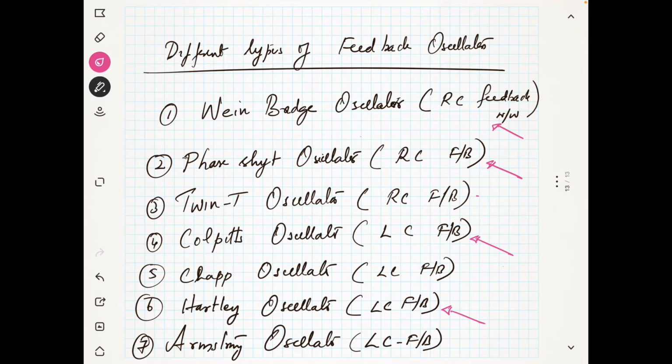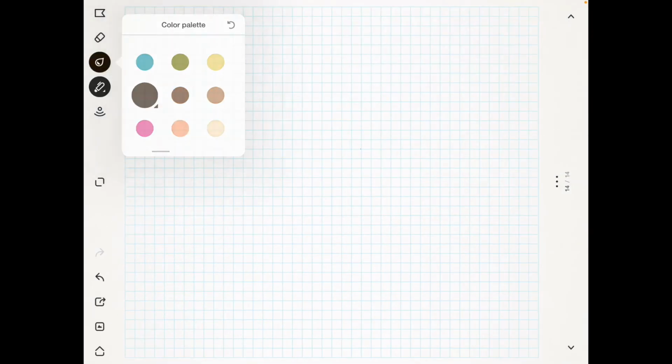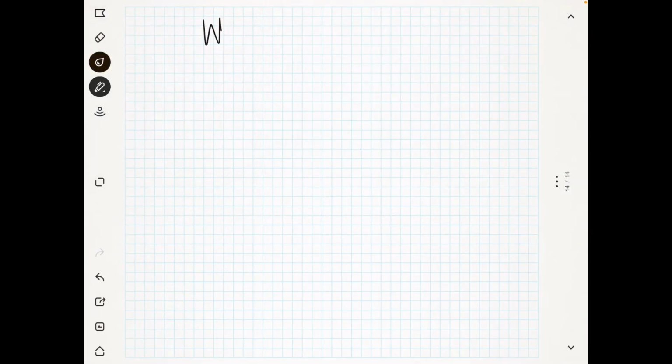So first of all, we are going to discuss the Wien bridge oscillator. Please listen carefully to the working principle of the Wien bridge oscillator, okay.